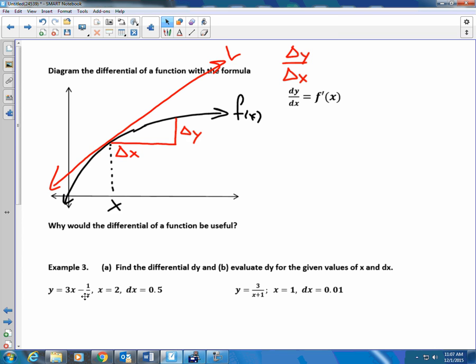What we are looking at is dy over dx. In this case, delta x is the same as dx. The change in x here is the same. But when we say dy, we're referring to the derivative. The line shows the instantaneous rate of change of the function at x, and so dy is the green.